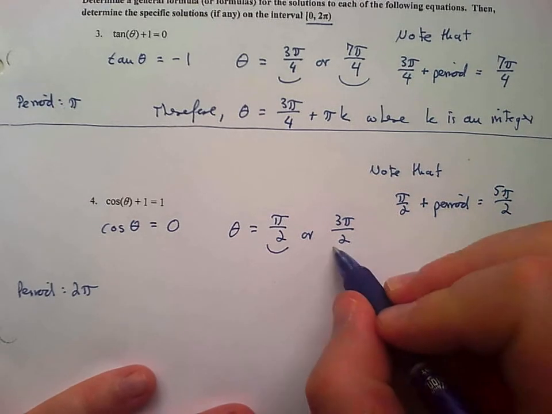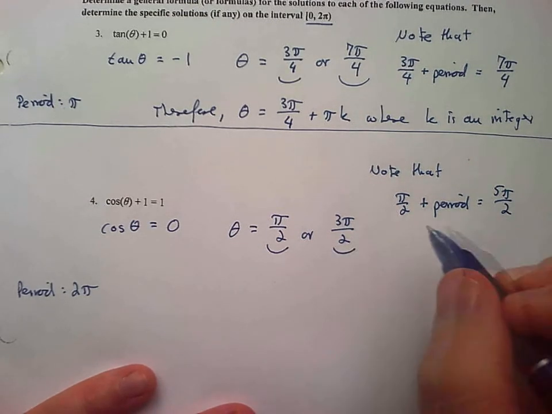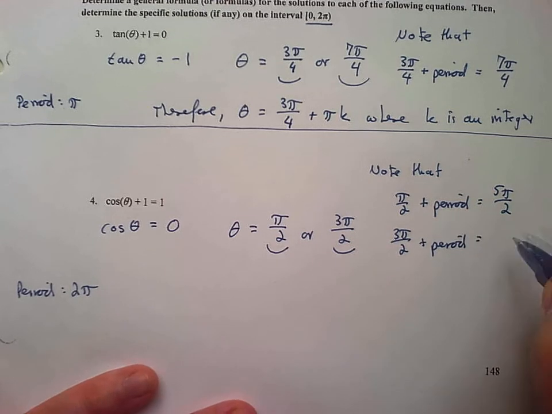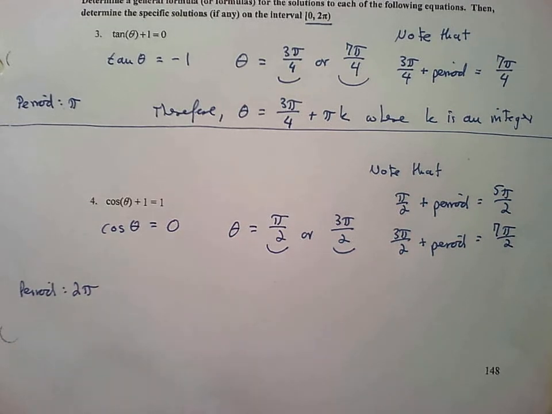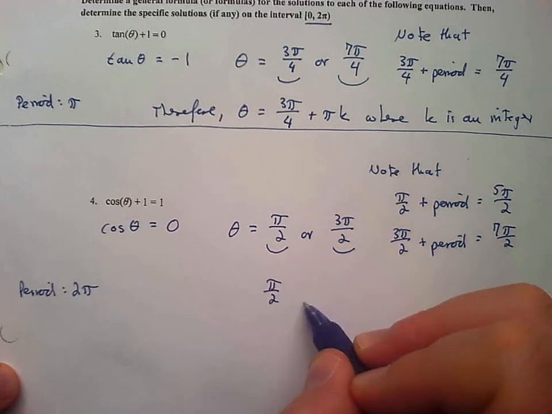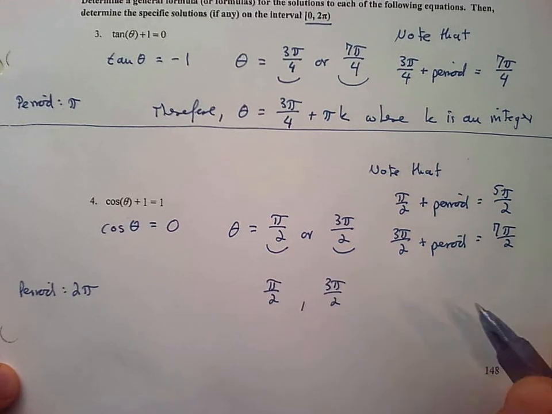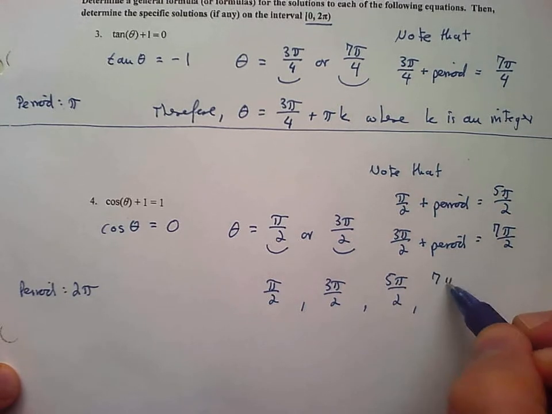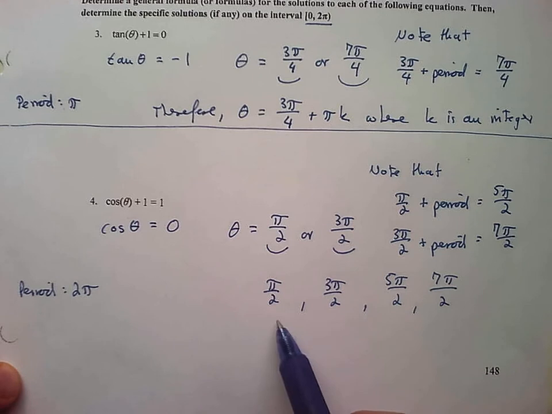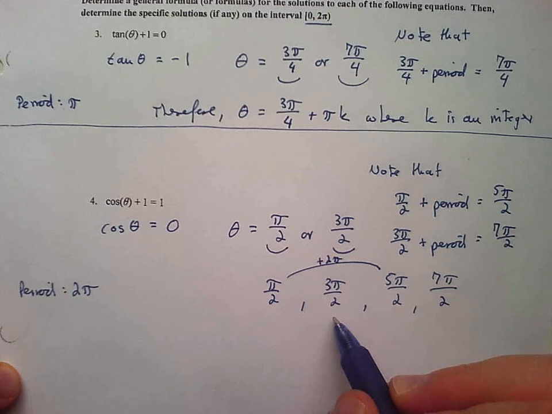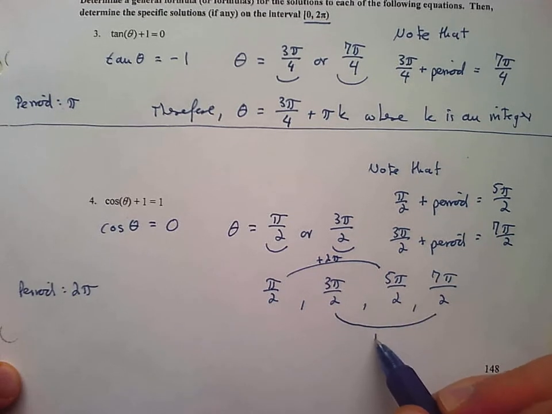Now, if we take the second solution, which is 3 pi over 2, and we add the period to it, that's going to be 7 pi over 2. Now, let's see exactly what this means, because we're going from pi over 2, then we have 3 pi over 2. We also found out that 5 pi over 2 is a solution, and 7 pi over 2 is a solution. We got to this 5 pi over 2 by adding 2 pi to it, and we got to this 7 pi over 2 by adding 2 pi.